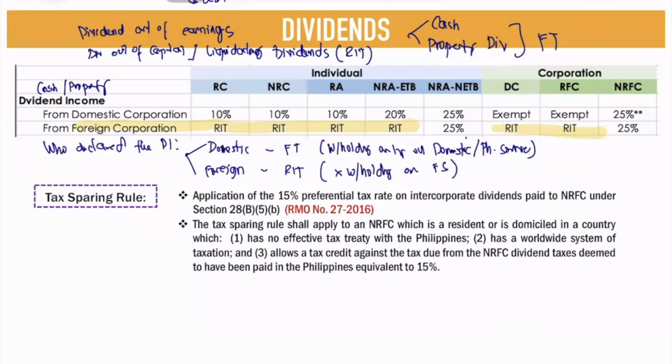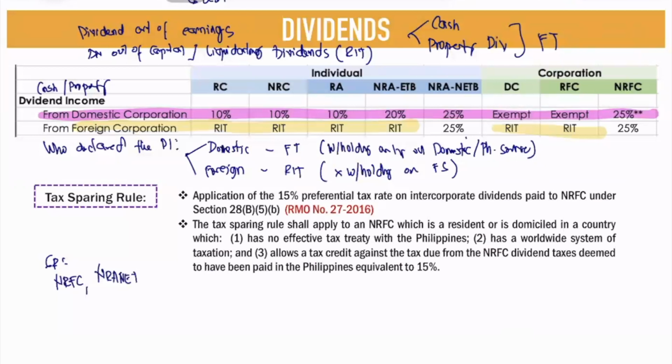That's why final taxes only apply on the following domestic corporations. As a general rule, when the recipient is an NRFC, or an NRA and ETB, their tax is 25%. For NRA and ETB, it is at 20%.